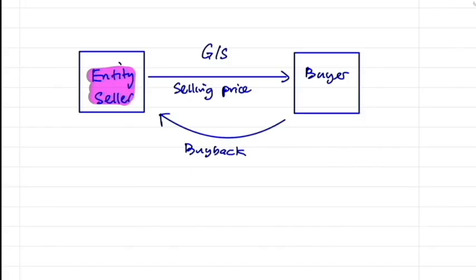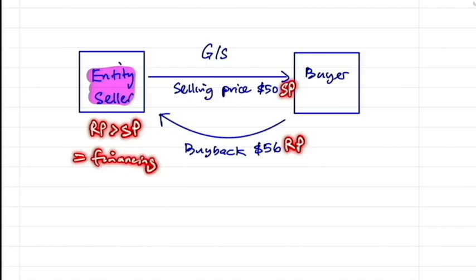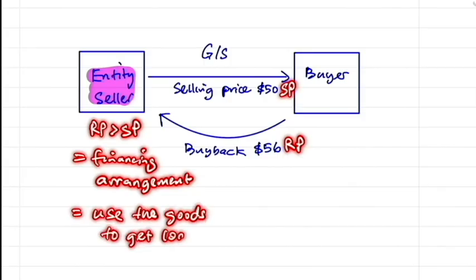If the selling price is $50 and the entity has an obligation or right to buy back at $56, in this case the repurchase price is more than the original selling price. The entity will treat this as a financing arrangement, which means the entity is not selling the goods. The entity is using the goods to get a loan.